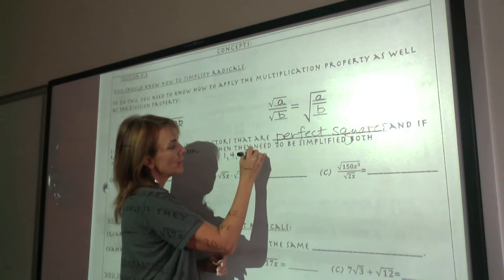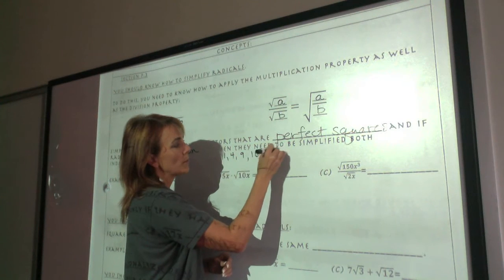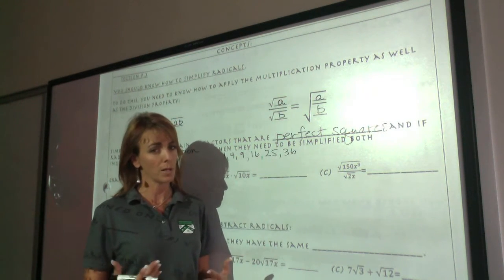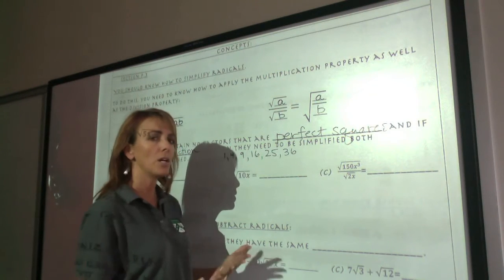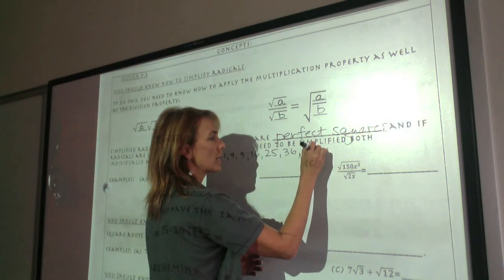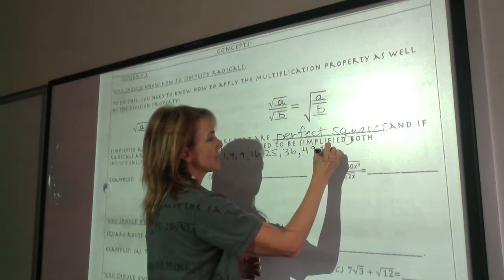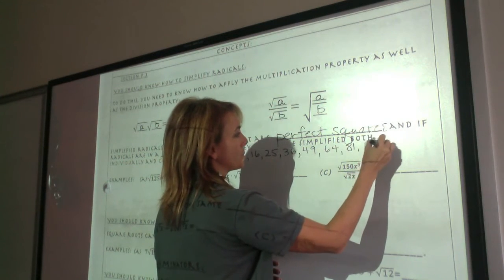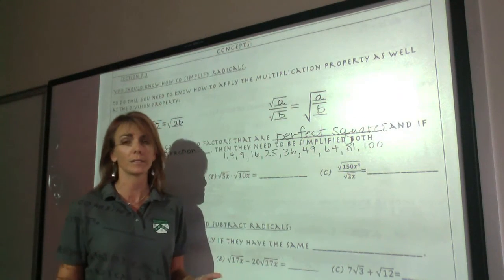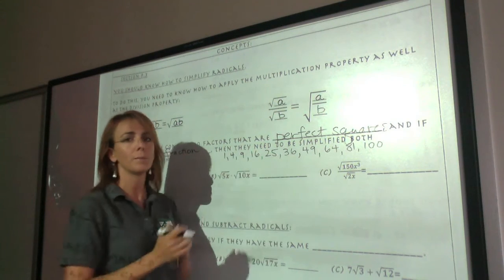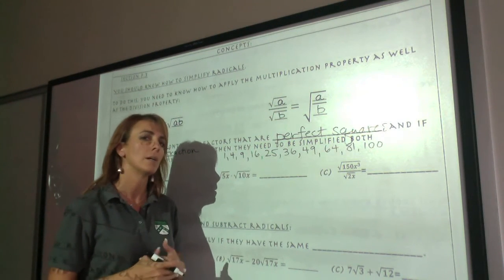It's very good for you to become familiar with the list of all the perfect squares that are under 100 so that you can simplify things pretty quickly: 49, 64, 81, and 100. Of course, there are infinitely more of these numbers, but knowing these will really help you out.